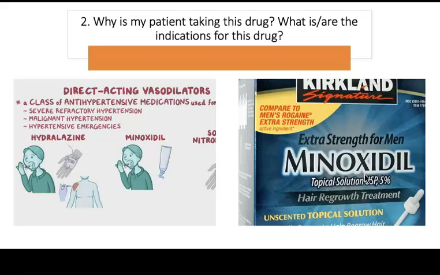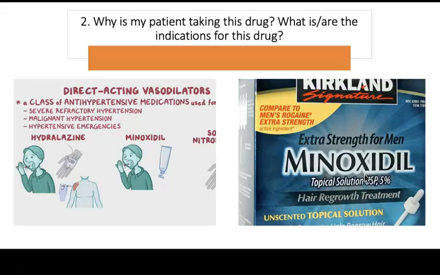The second thing we want to think about is, why is my patient taking this medication? What are the indications for this drug? This is information that we learned in the first lecture. This gets interesting in that minoxidil itself was initially marketed and used as an antihypertensive medication.